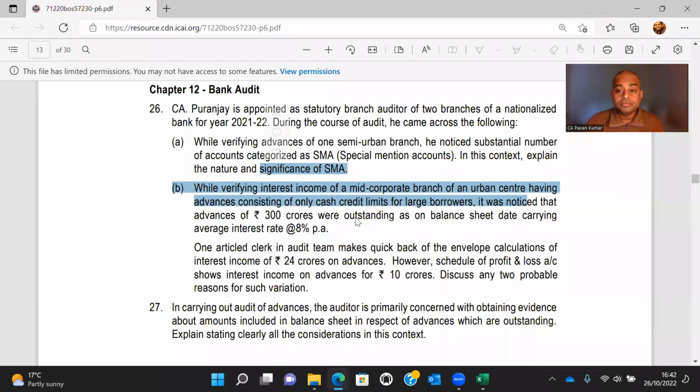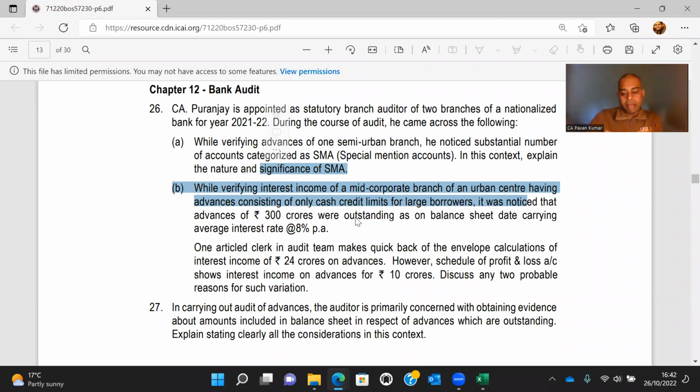Are you getting my point? So the 300 crores are the advances. That means in case of cash credit and overdraft, interest will be charged when the customer uses it. It depends on the utilization, yes or no? So they need not pay on 300 crores. Point number 1. Point number 2. What if an advance is given in the month of March?